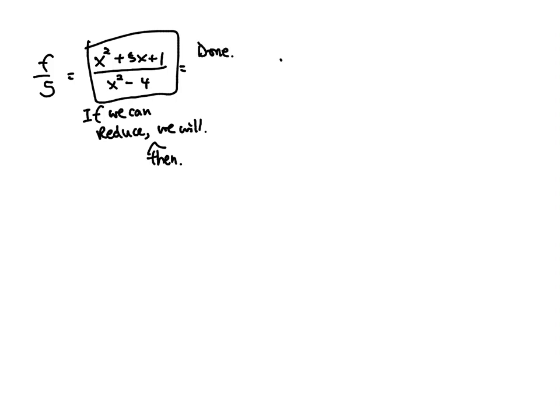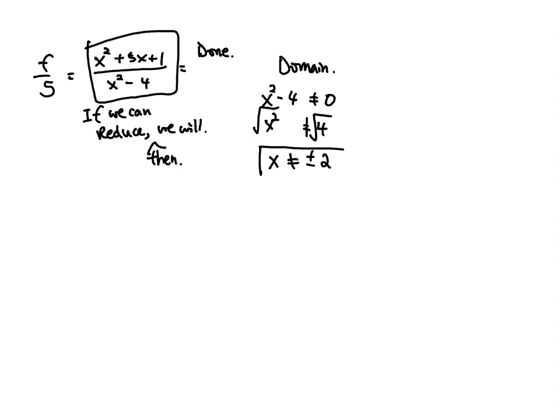And the domain, right? x squared minus 4 cannot equal 0. So x squared cannot equal 4. And square root both sides. x cannot equal plus or minus 2. So that means we have negative 2 and 2, and everything else.